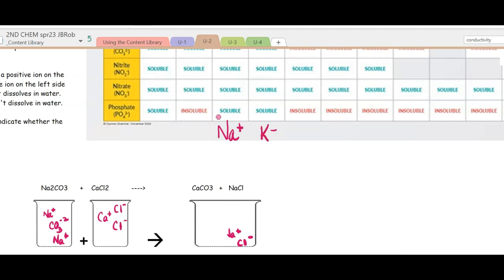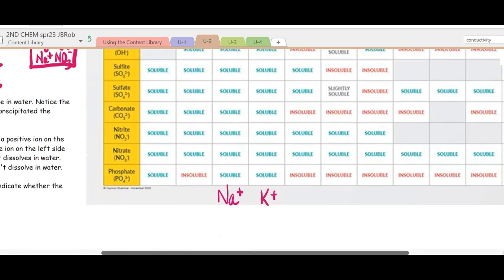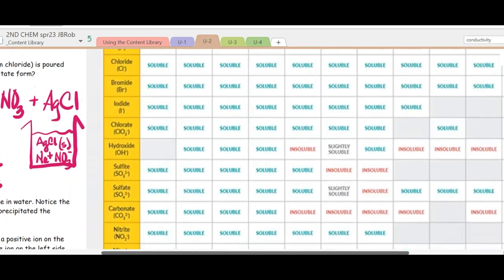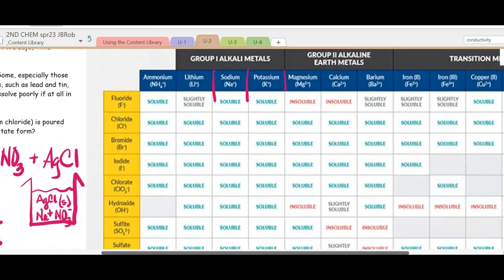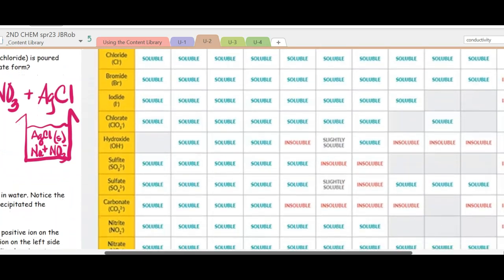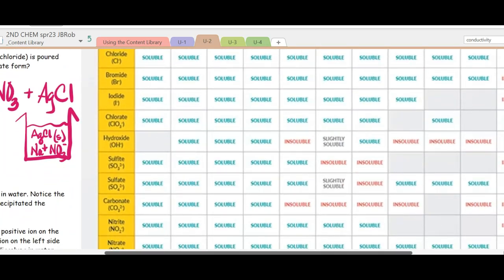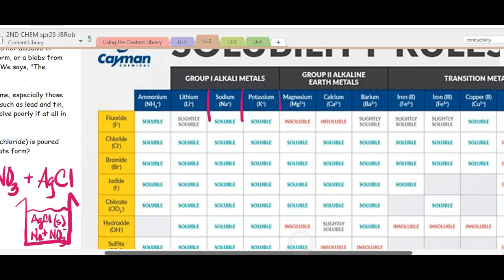When we look at potassium, every single potassium compound dissolves. That's pretty amazing. Whereas there's really nobody else that's true of.